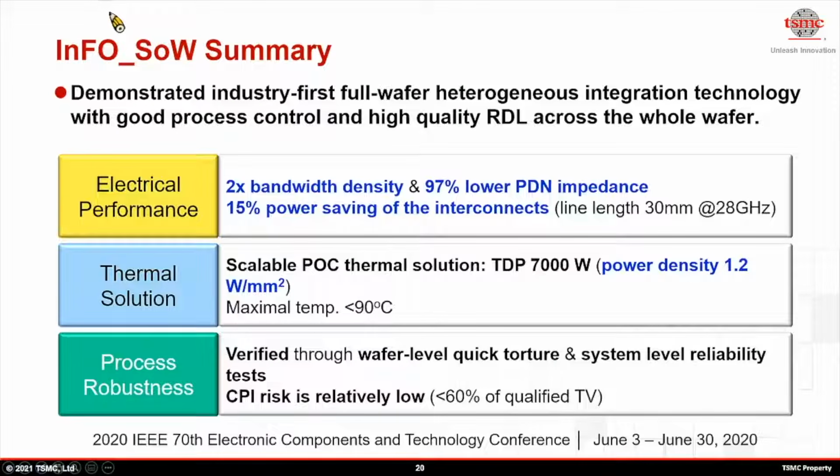This slide summarizes InFO system on wafer technology. SoW's superior performance in electrical, power saving, compact system with thermal solution and the power module push the top of the envelope and the tip of the pyramid up high for our industry.